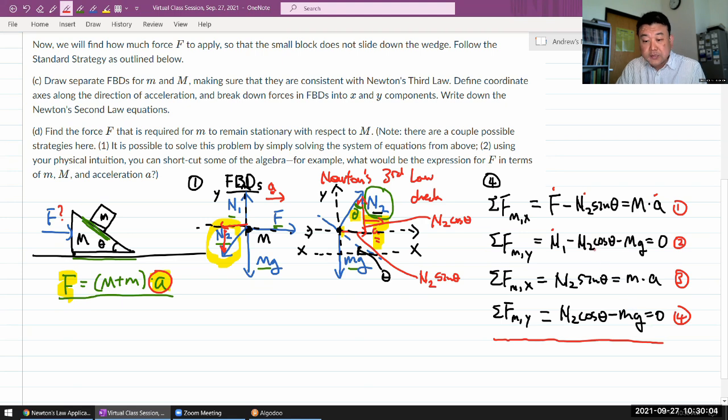All the other symbols are already counted. So I do have four unknowns, which means I have four equations, four unknowns, so it ought to be solvable. And the biggest challenge at this point is going through the algebra.